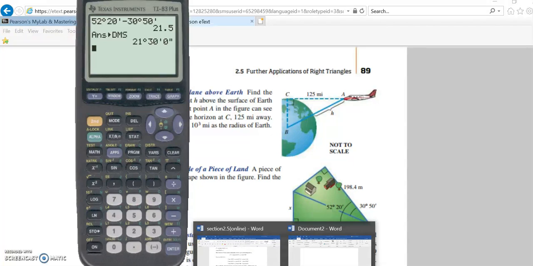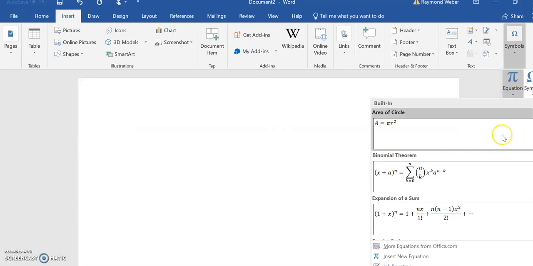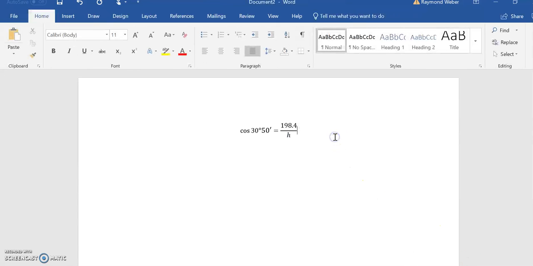So the cosine of 30 degrees 50 minutes equals the adjacent, 198.4, divided by my hypotenuse, and I'm going to call this h since we already have an x.